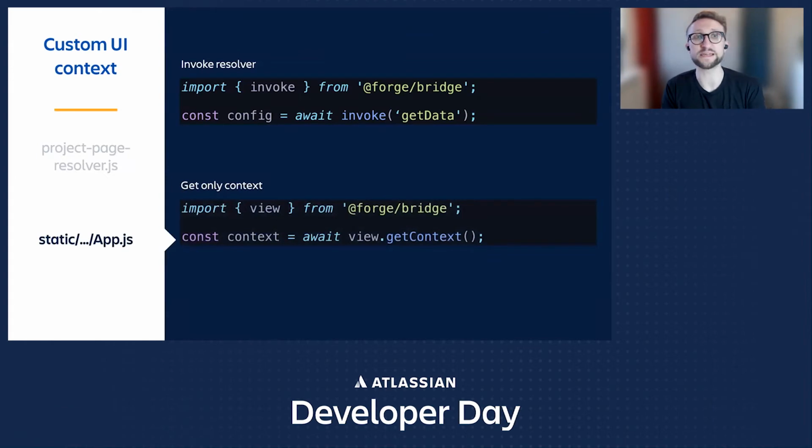It is available in ForgeBridge, and you can get context data directly from custom UI. So you don't have to declare the resolver, you don't have to invoke it. You can just get it directly from your static app.